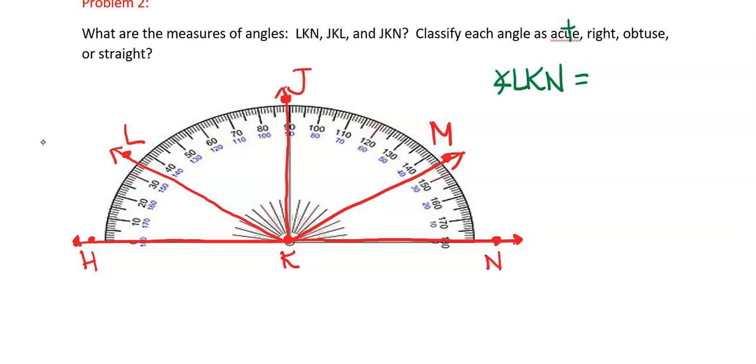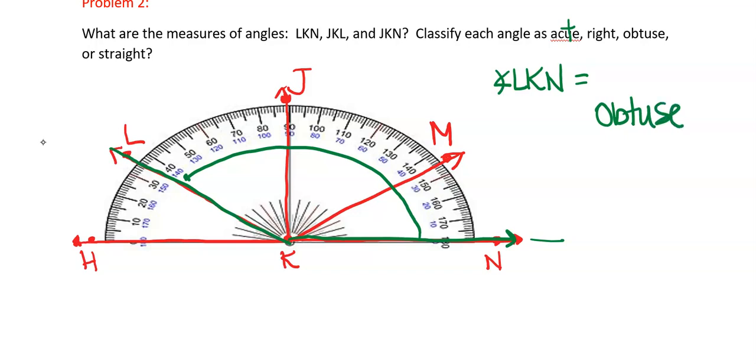For LKN, I'm going to go right over it with the color. This one's the green. Since this is already on top of the 0 degree line, we're going to use those numbers on the inside and go all the way up to what we need. Notice it is an obtuse angle because it's bigger than 90, and it is going to be 145 degrees.